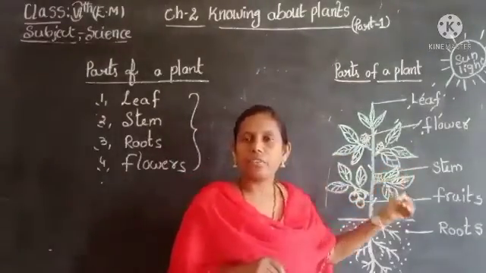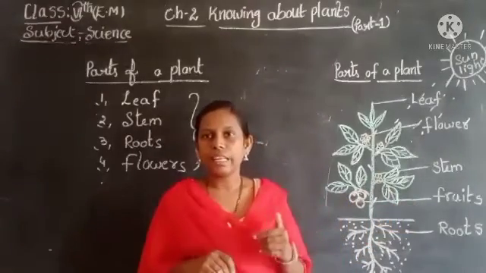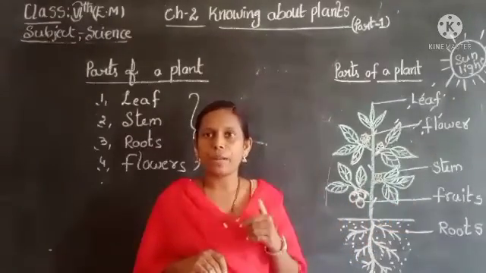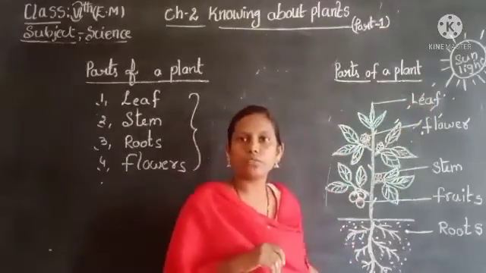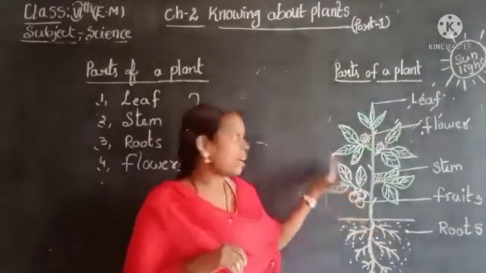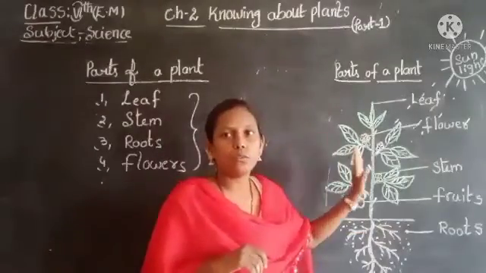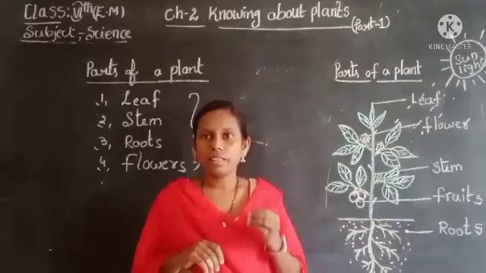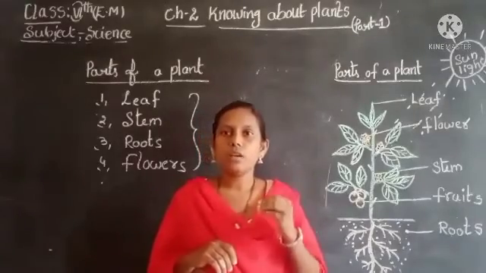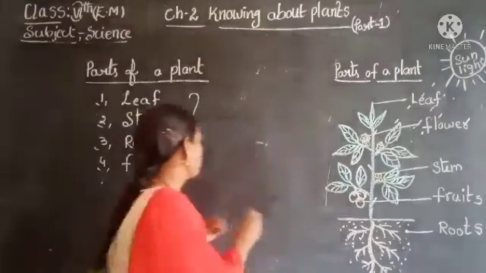The leaves have chlorophyll. Because of the chlorophyll, the plants are taking sunlight from the sun, water from the roots and air from the atmosphere and preparing the food materials. That process is called photosynthesis.